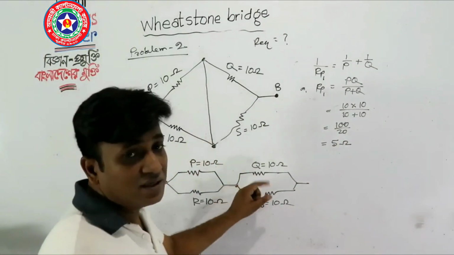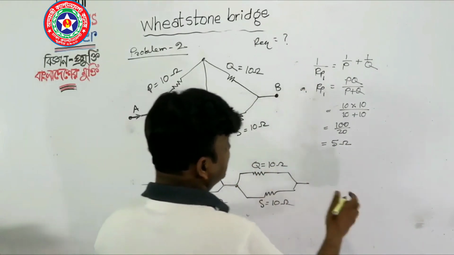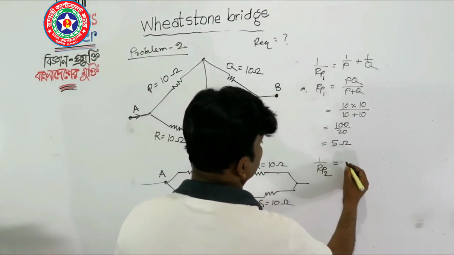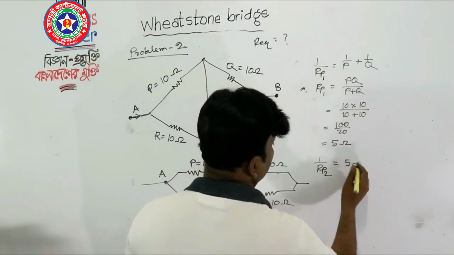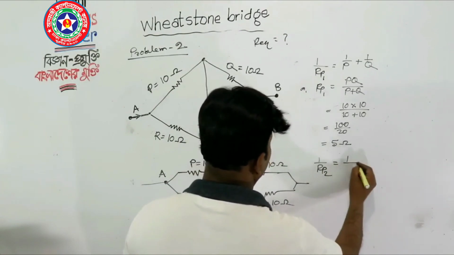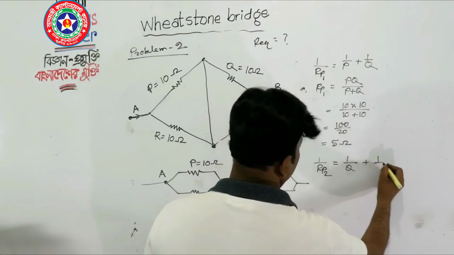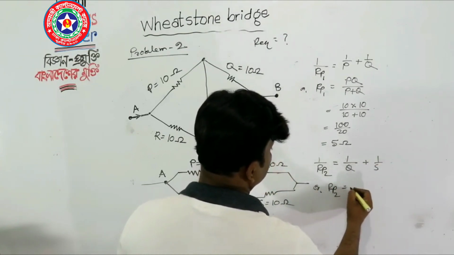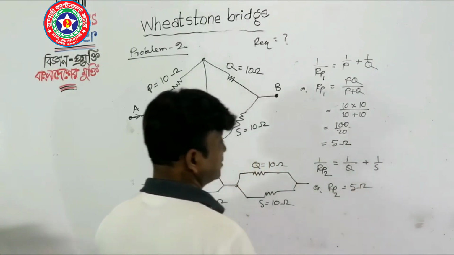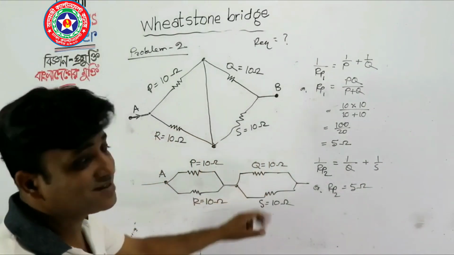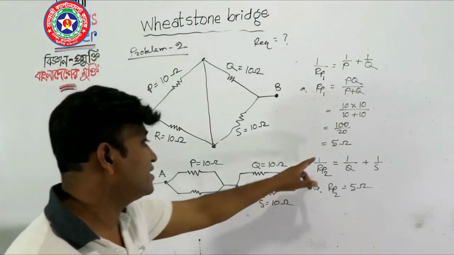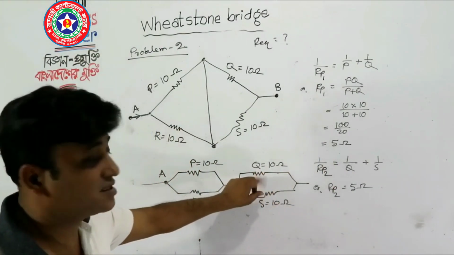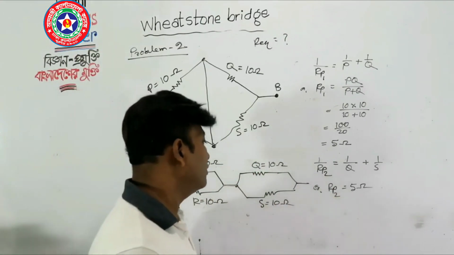Okay, similarly, the equivalent resistance 1 by Rp2 is 1 by Q plus 1 by S, or Rp2 equals 5 ohms. Because their values are the same, we can directly write that the equivalent of these two resistances will also be 5 ohms.